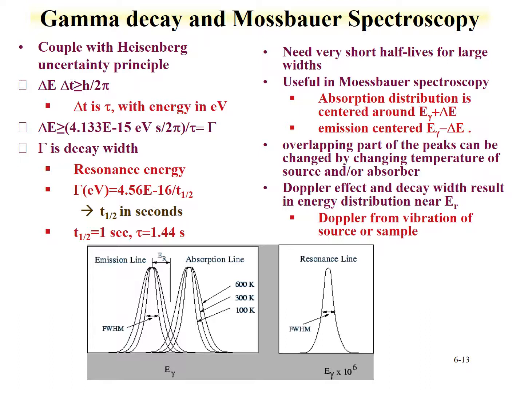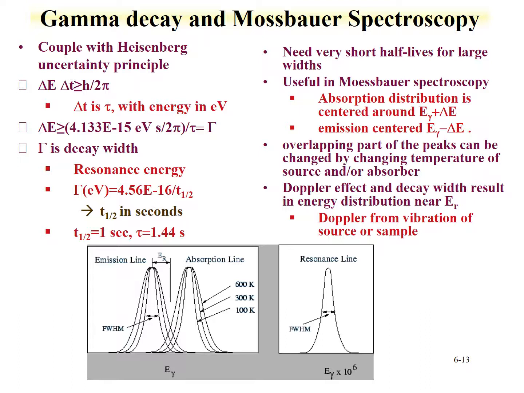It's fundamentally a resonance energy, and this gamma decay width you can evaluate with this straightforward equation here, which is just equal to 4.5 times 10 to the minus 16 divided by the half-life in seconds, and that gives you the energy of the width. And this says for things that are relatively short, you can have an energy that starts to become significant.